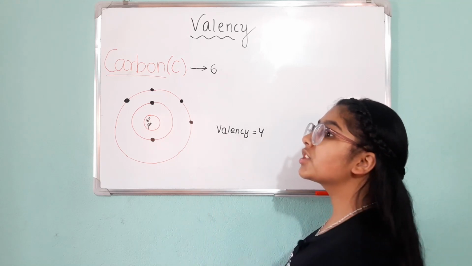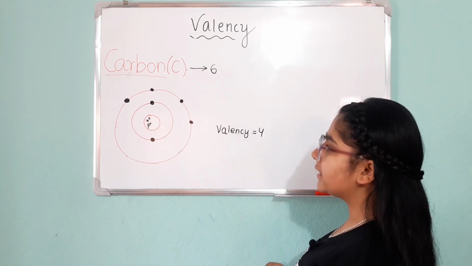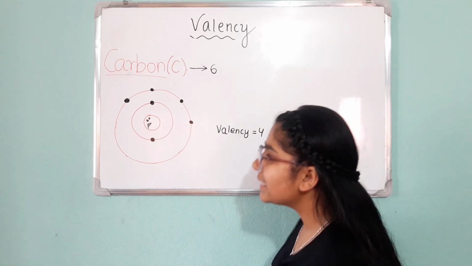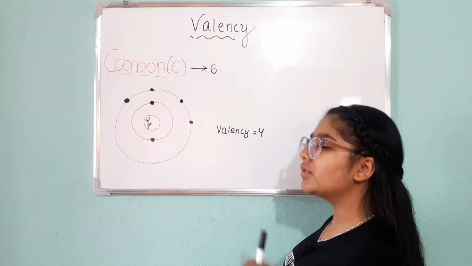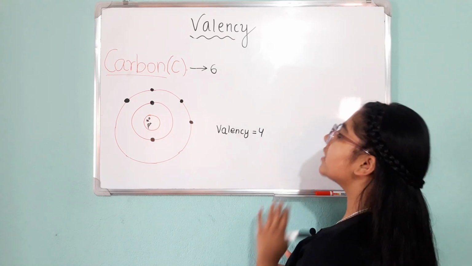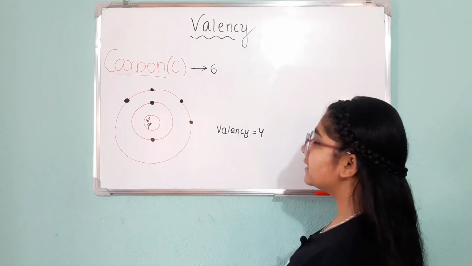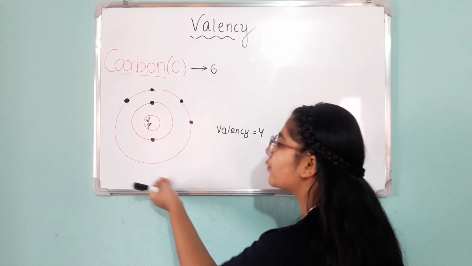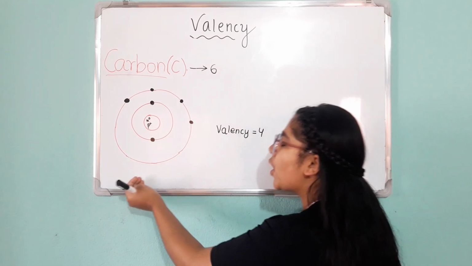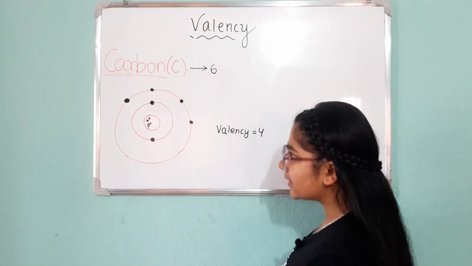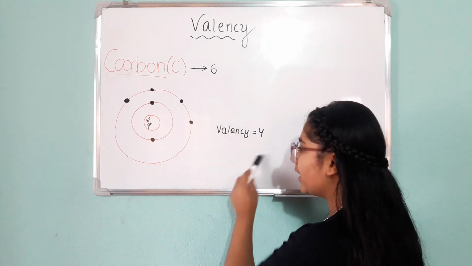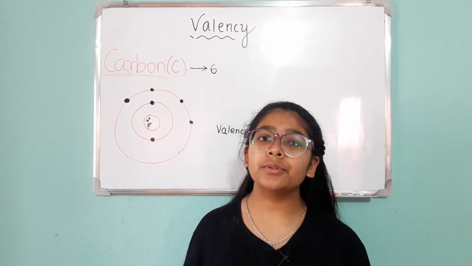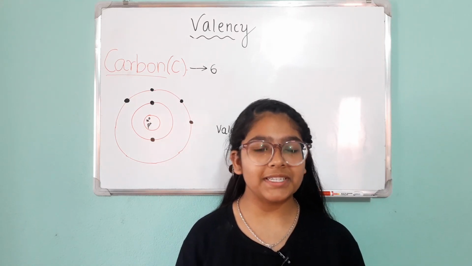Here it will share its electrons with another element; it depends upon the other element whether it needs electrons or wants to lose them. So no need to be confused here: its valency will be 4. Simple. So this is the method how to take out the valencies of the first 20 elements.